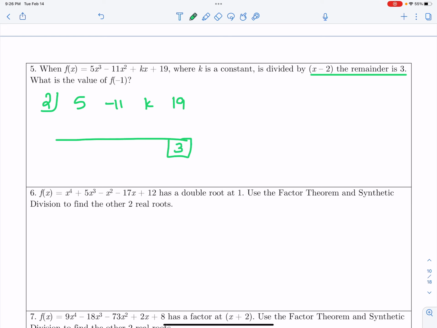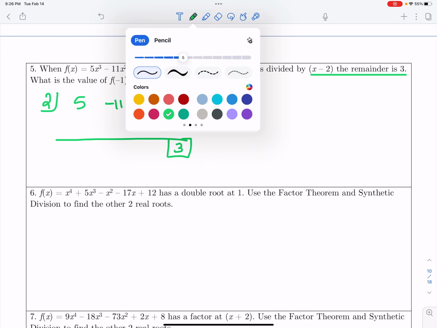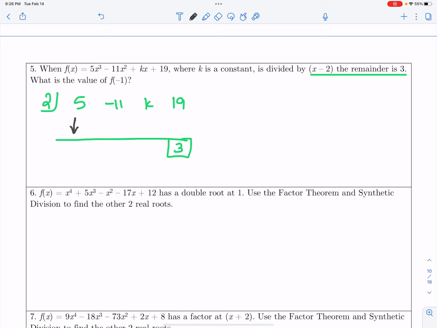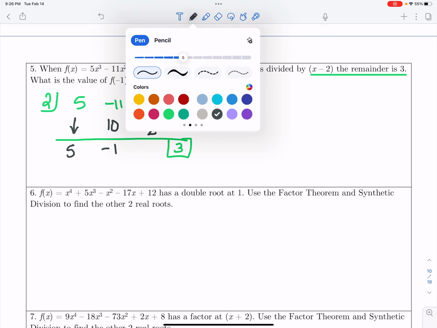So once again, I'm just working backwards, and I'm also working forwards until I hit that k value, which is really what I want. So going forwards, starting at the 5, I have 10, which then turns into a negative 1. 2 times negative 1 is a negative 2. Can't really do anything else now, so I'm working backwards.